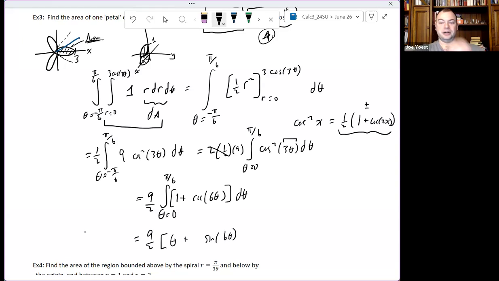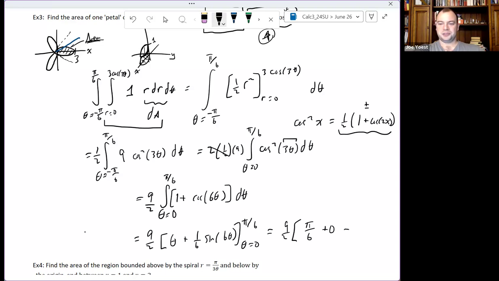And then, of course, integrating cos of 6 theta integrates up to sine of 6 theta. When we differentiate, we get a factor of 6 popping out. We need a 1/6 to cancel that out. And I get 9/2 times pi over 6 plus 1/6 sine of 6 times pi over 6, but that's sine of pi, which is 0. So that's plus 0.